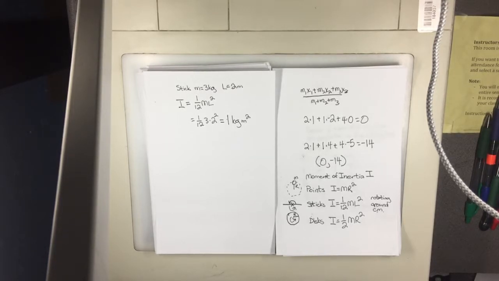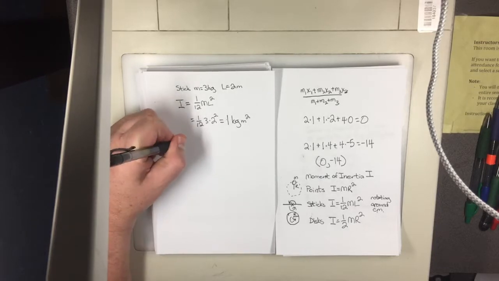Now, I showed you earlier in the demo, if I moved the rotation point of the stick, well, hold on. All right. If I move the rotation of the stick not at the center, but out at the end, the moment of inertia changes because the distribution of the particles changes.